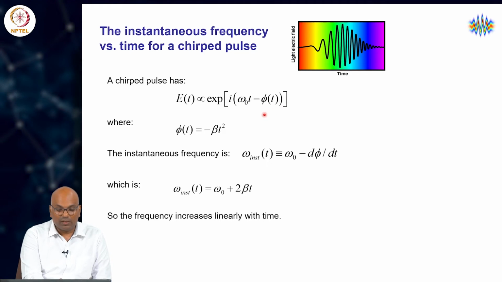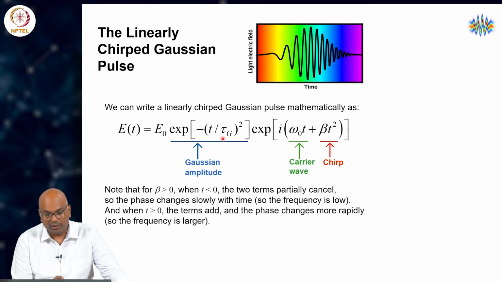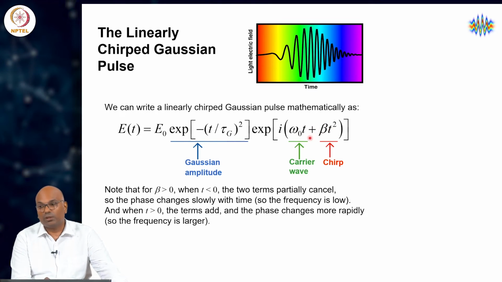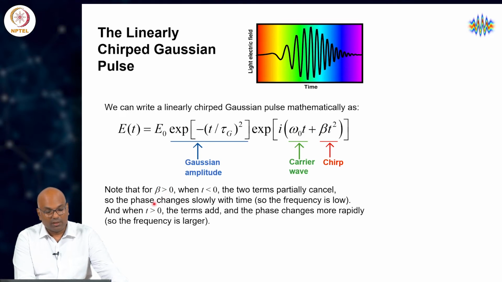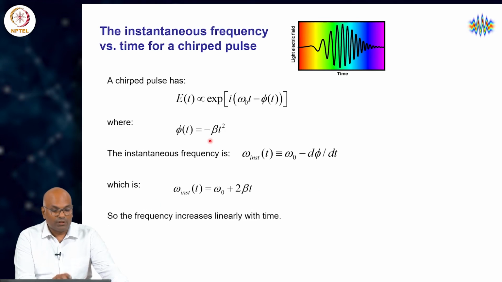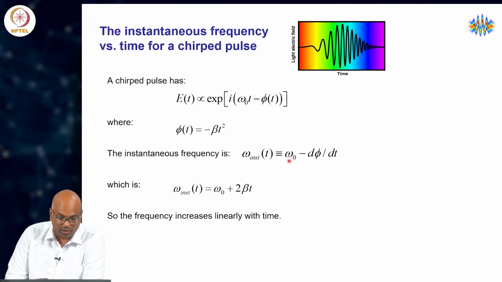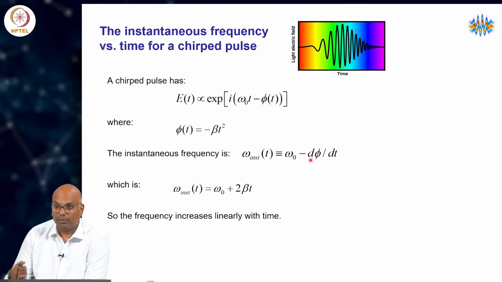Phi of t is in this case minus beta t square. Look back here, we have a plus sign ahead of beta, and if beta is greater than 0, the way it is set here, then we essentially have an instantaneous frequency, which is written in terms of omegas, omega naught minus d phi by dt.